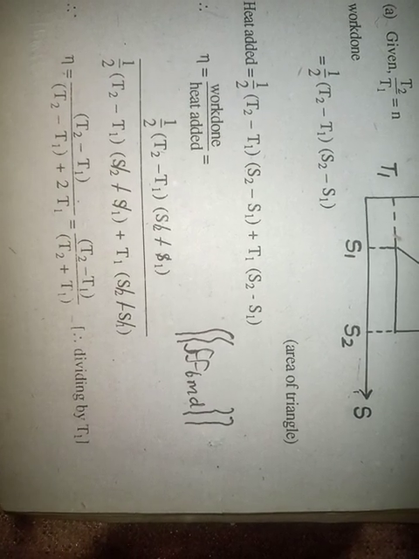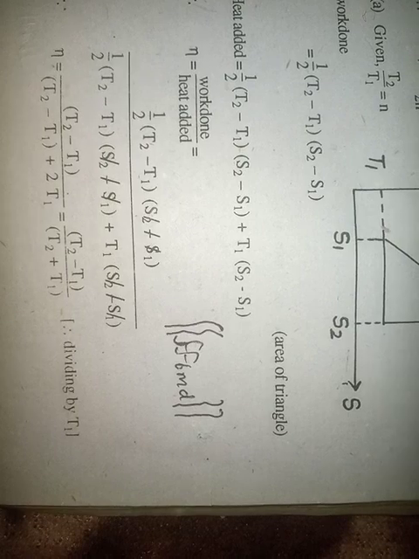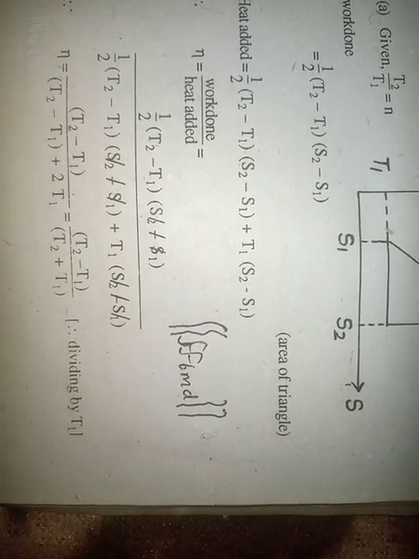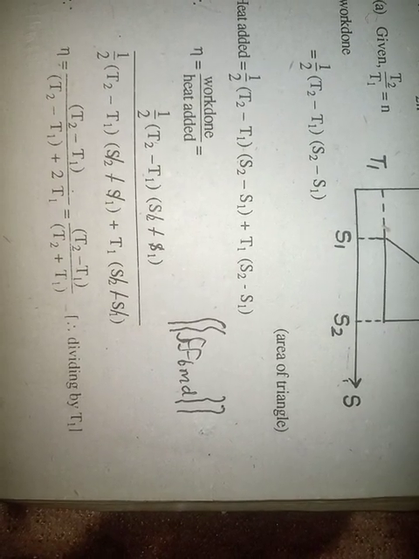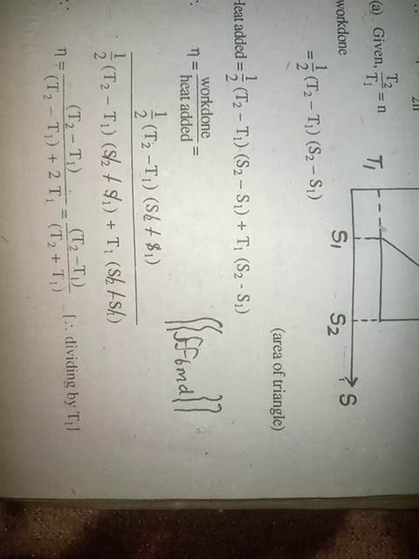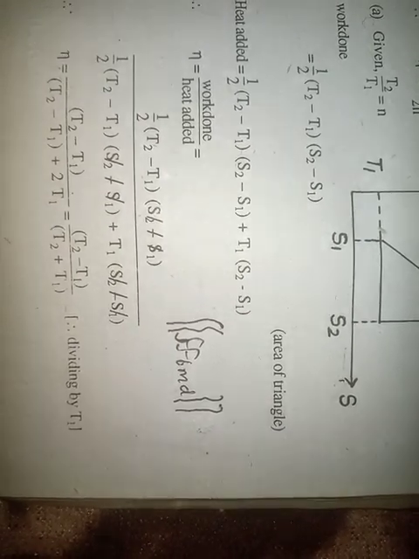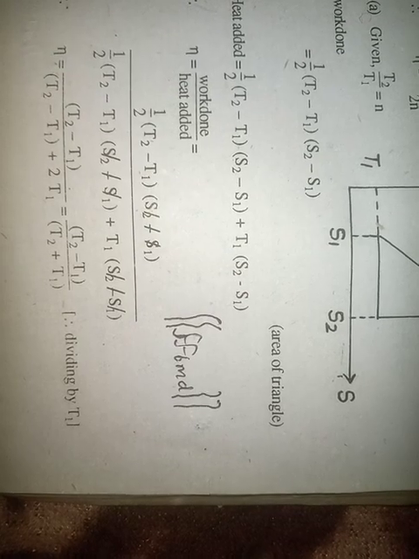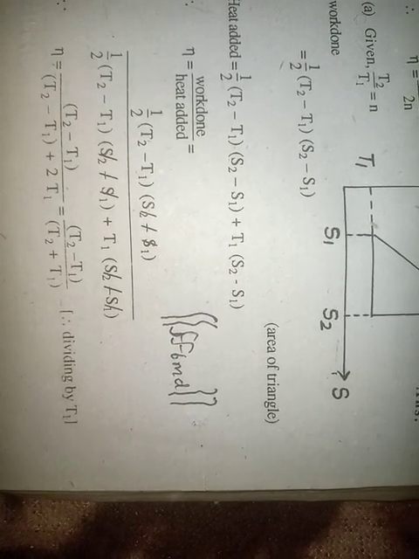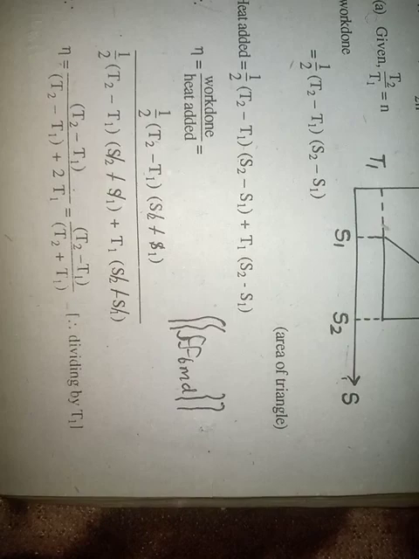Hence eta, work done divided by heat added, equals 1/2 (T2 minus T1) into (S2 minus S1) divided by 1/2 into (T2 minus T1) into (S2 minus S1) plus T1 into (S2 minus S1).